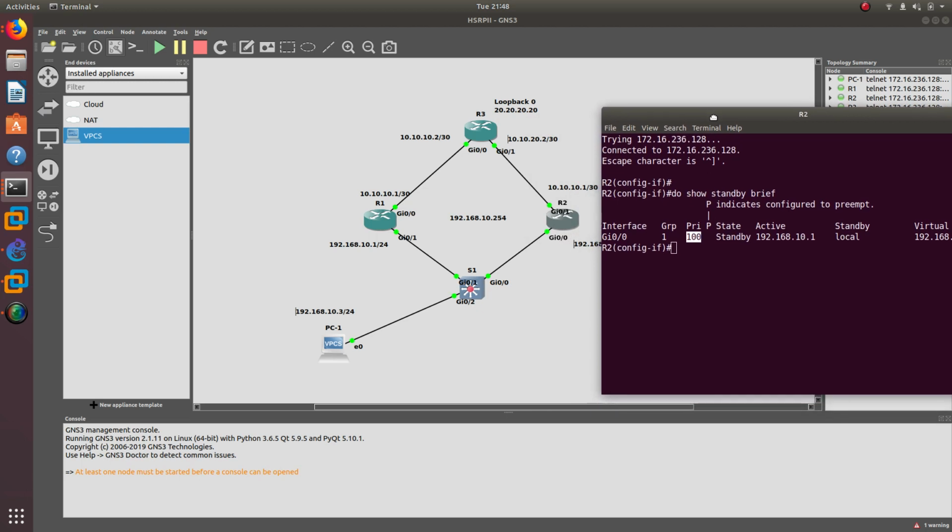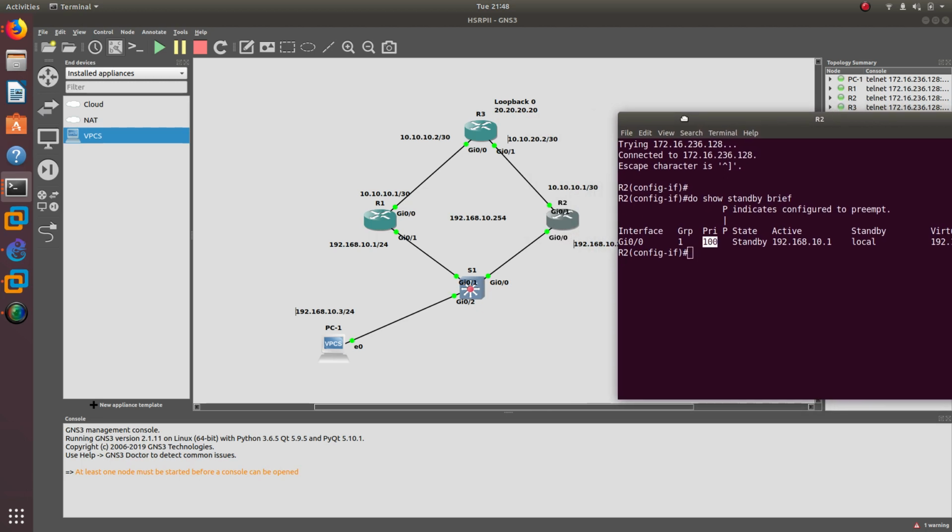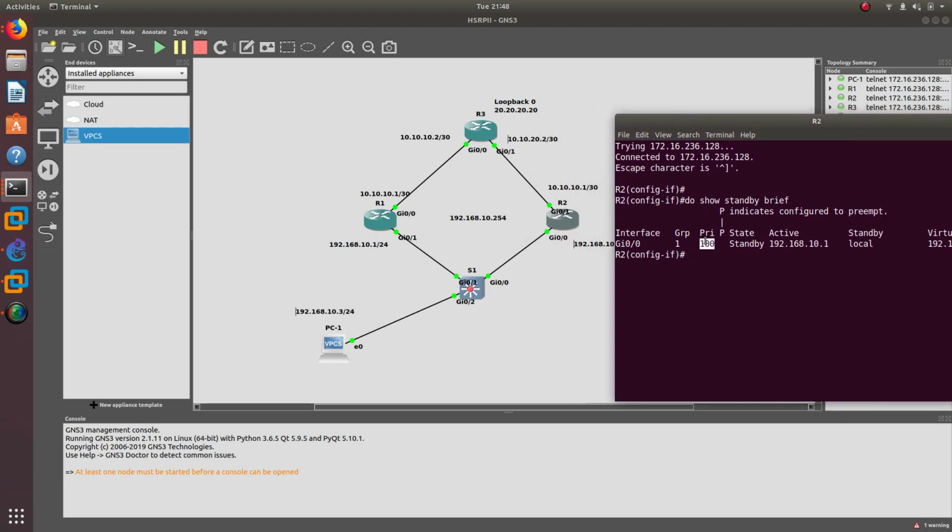But let's see if we change the priority of router 2 to be higher than router 1. If we make this priority 101, let's see if router 2 then becomes the active router. So we have to go to interface gigabit 0/0 and give it a standby, with the same group number that we configured, which is group number 1.